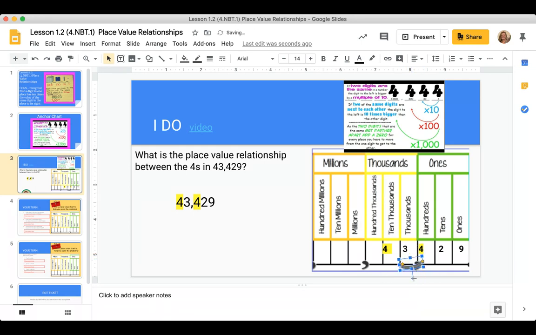I'm going to put my little swoop here. We have hundreds to thousands, and we have thousands to 10,000s.